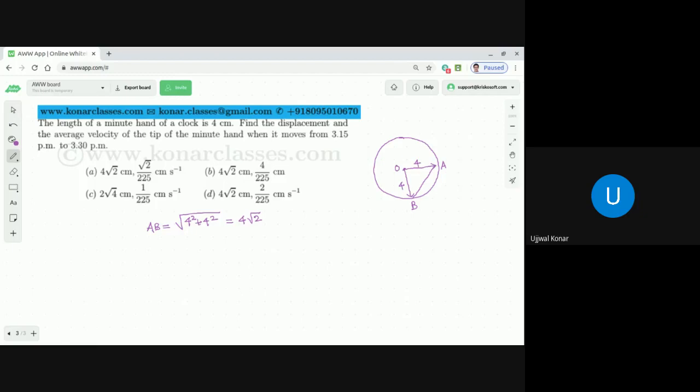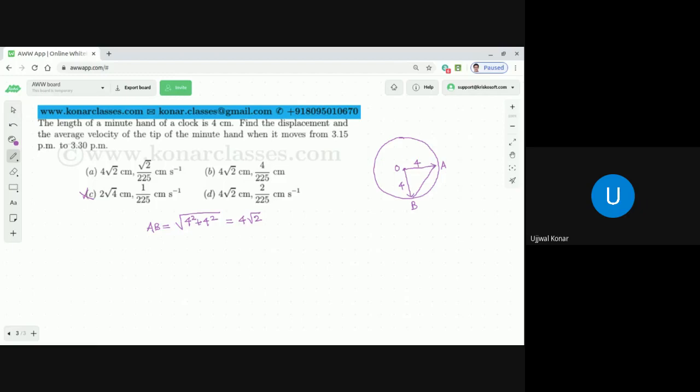Now, how much time did it take to traverse this distance? 15 minutes. So one thing to be sure of is that either option A or option B or option D is going to be correct. All of you agree? Option B is not possible. Option C is nullified, because 2 root 4 is there, which is not the case. It is 4 root 2. So the displacement we found is 4 root 2 centimeter.